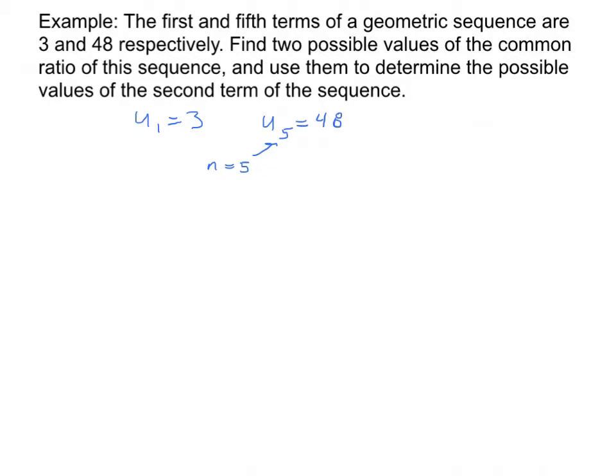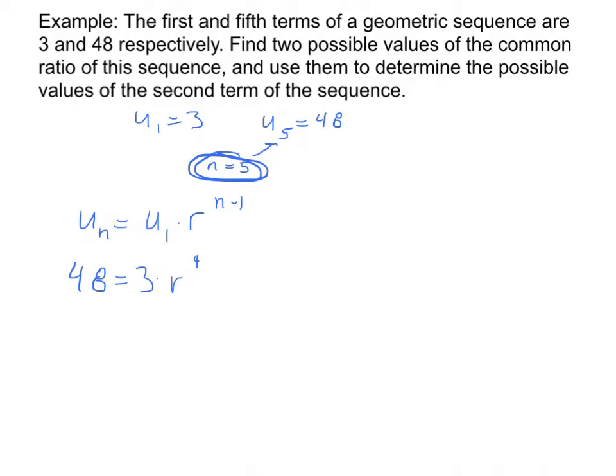At this point we write down our formula. Our formula says that the nth term is supposed to be the first term times the common ratio to the n minus 1 power. We knew that n was supposed to be 5, so let's plug those things in. When I plug in 5 to this formula, I'm going to get 48, the fifth term, is equal to 3 times the common ratio to the 5 minus 1, or to the fourth power.